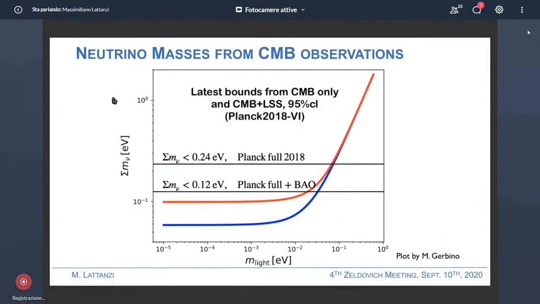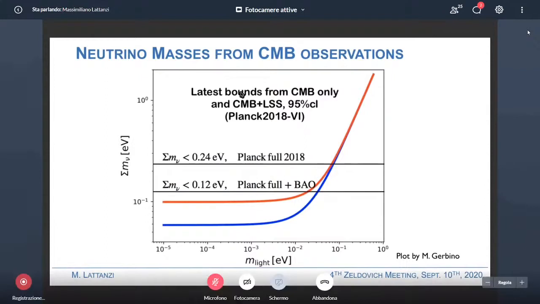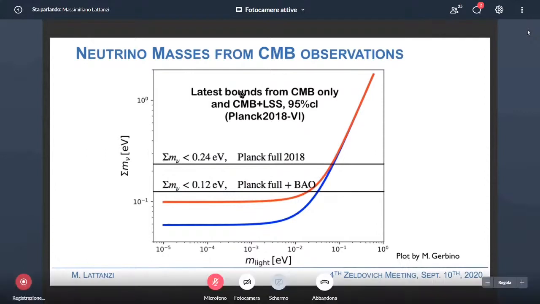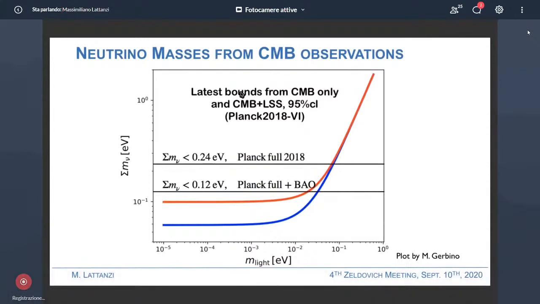Now, so at the end, what do we get? These are finally the bounds that you can get from CMB alone and from CMB plus BAOs. I should say that when you use large-scale structures, the first thing that you do is use the BAO, because that's a very robust data set. When it comes to the distribution of galaxies, especially when you're interested in neutrinos, there are some issues that you have to be aware of.